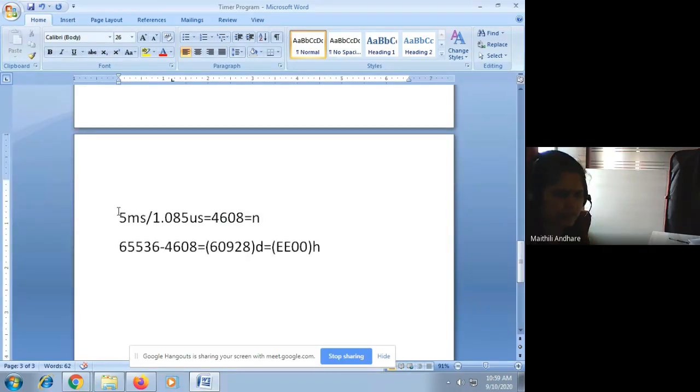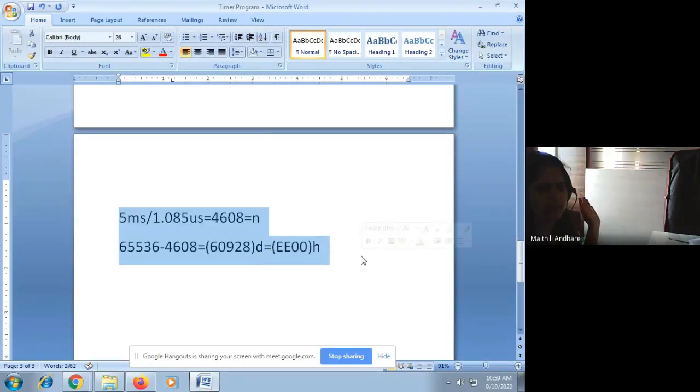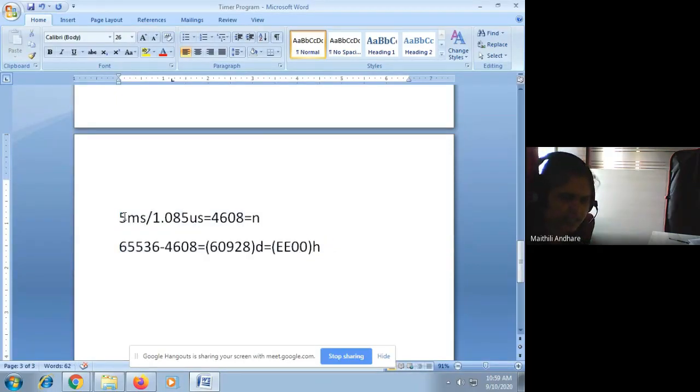And here there is only one type of calculation. The simple steps: whatever the delay, I want a delay of 5 milliseconds. For X amount of delay, divide that delay by 1.085 microsecond. You will get some value, and that value is always to be subtracted from 65536. You will get a decimal value, but I want the hex number because I have to load it in the TL and TH registers in the programming. So convert the corresponding decimal into hexadecimal. That's it.